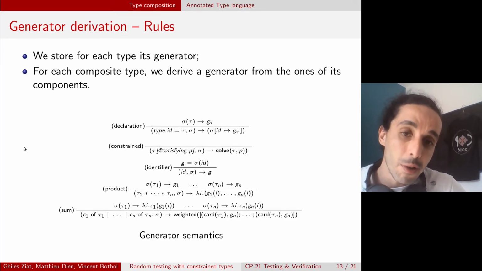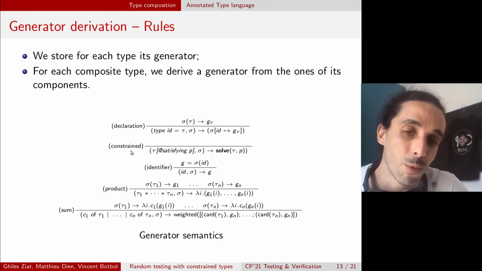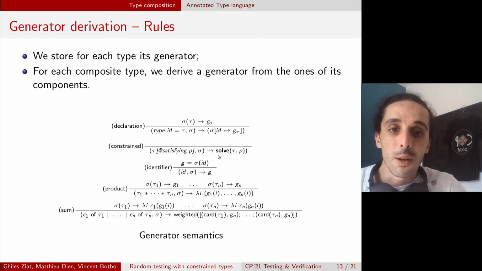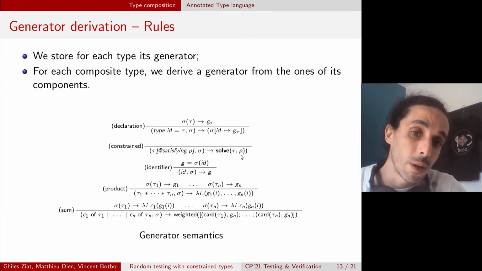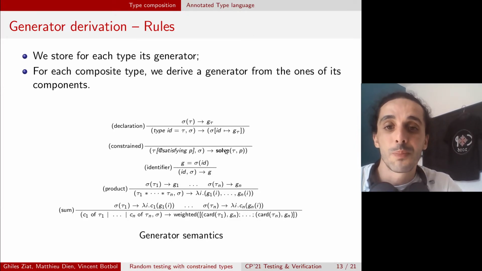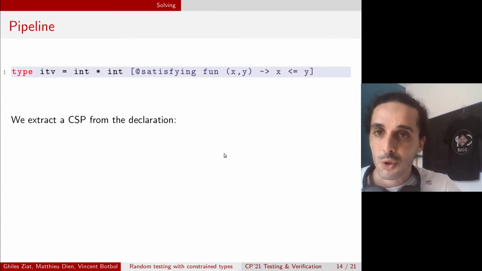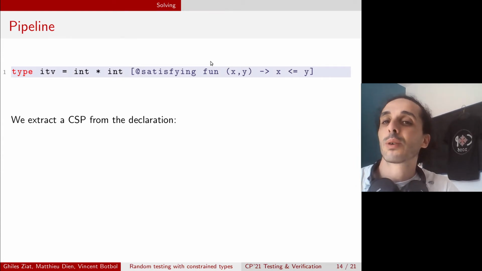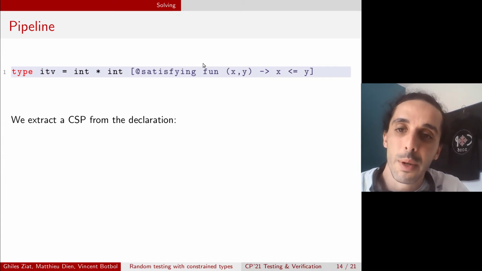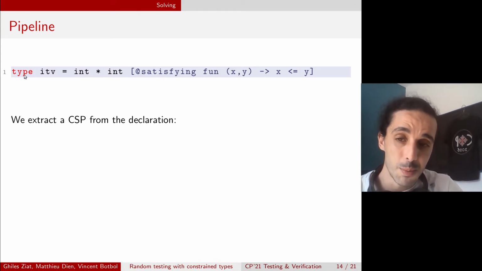And the hard part here is what to do with constraint type. So when we have a constraint type, we have to solve it to be able to derive a generator. So how to do that? So I'm going to explain how the solve function works. So if we go back to our introductory example here, from the declaration of the type, we extract a CSP.